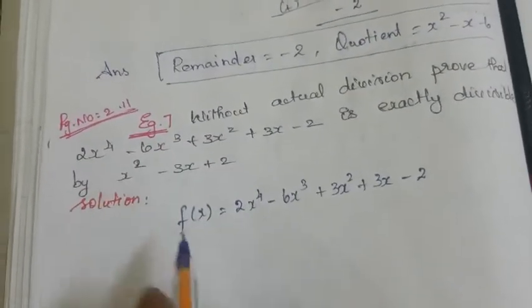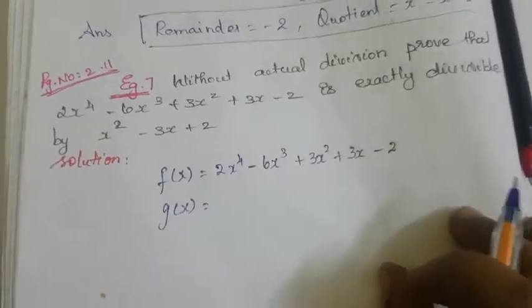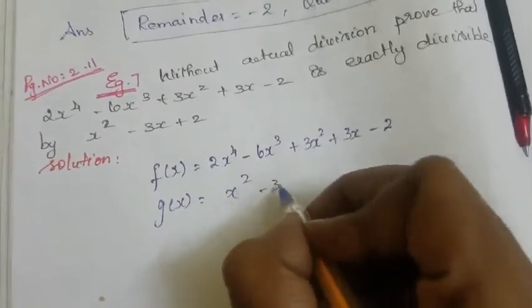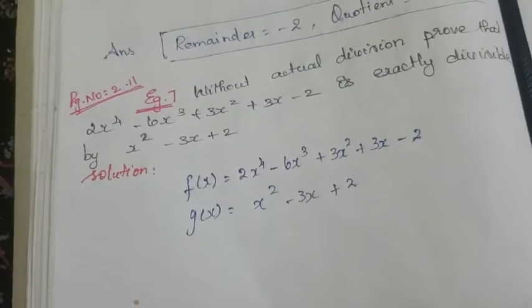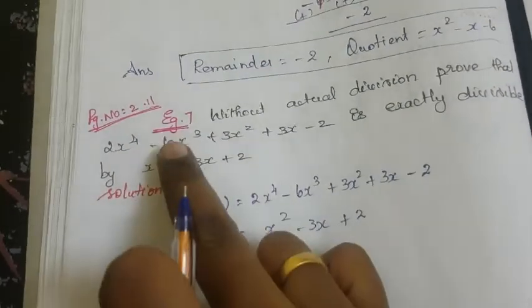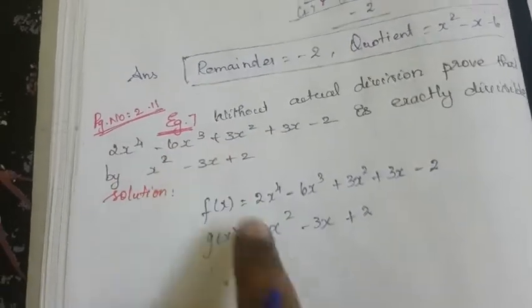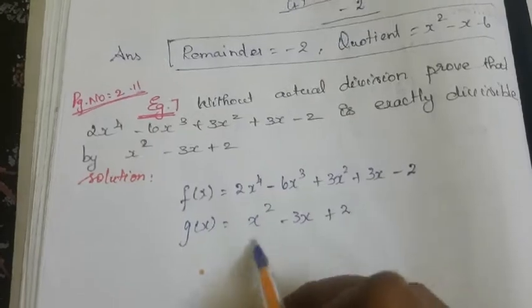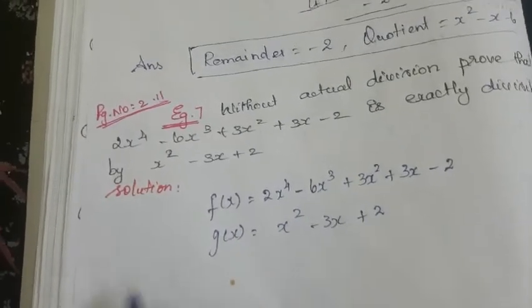And the second polynomial as g of x, so x squared minus 3x plus 2. What I have done, simply I have taken the first polynomial as f of x and the second polynomial as g of x. Now we are going to solve this g of x by splitting the middle term.